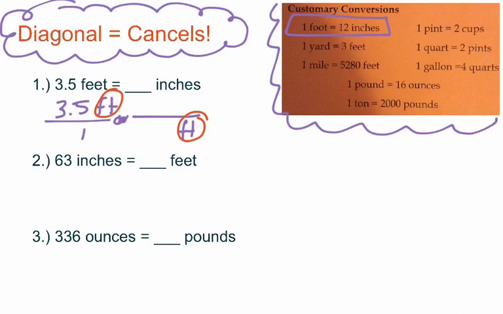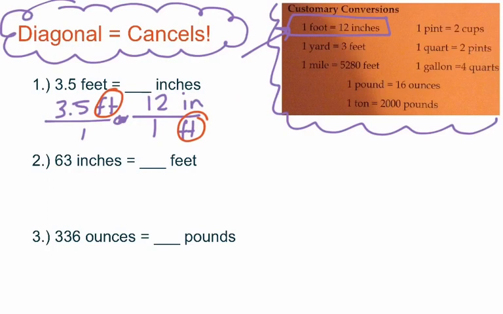So feet is going to go on the bottom, inches is going to go on the top. Then I'm going to look at my conversion here, and I know that 1 foot equals 12 inches. So 1 goes with the foot, 12 is on top. So again, the labels determined what goes where because diagonal cancels.